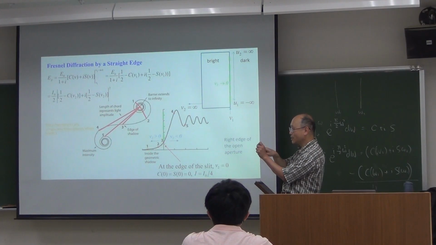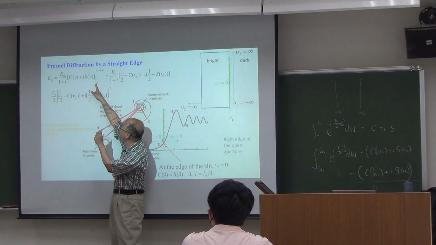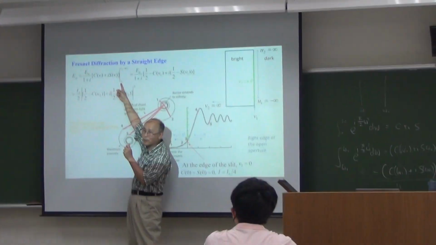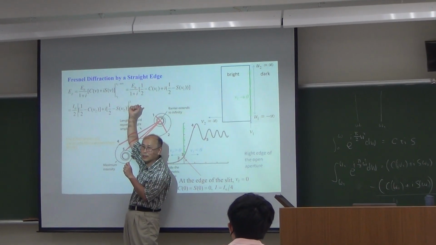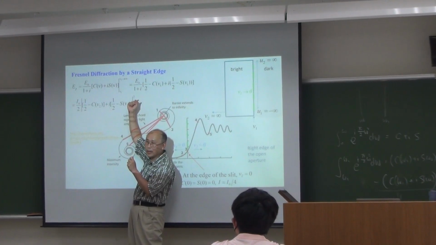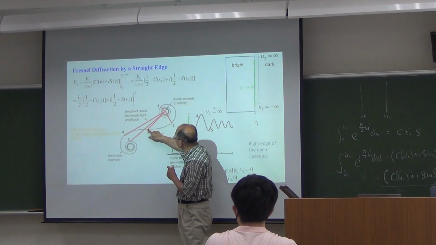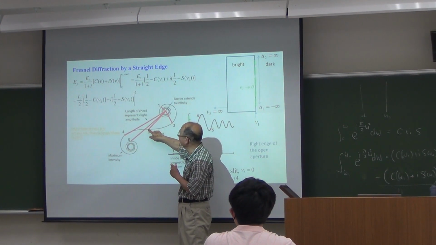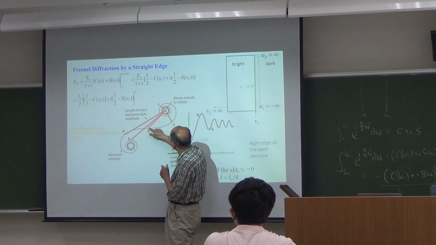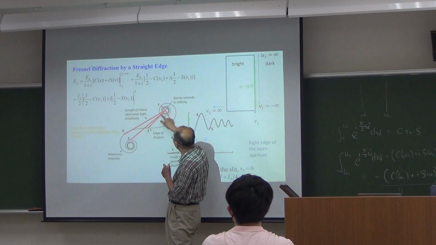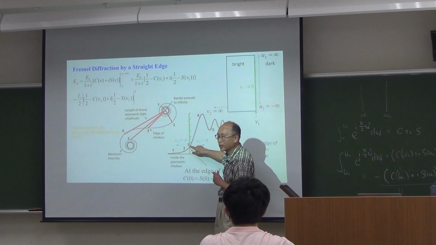So I set my origin right at the boundary of the aperture. Of course, I use V1 equal to 0 for this calculation. And then V1 equal to 0 is at this point. So these two vectors give you this length. This length gives you the intensity right here. I label it 3.